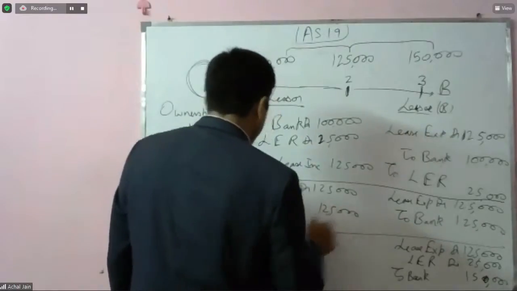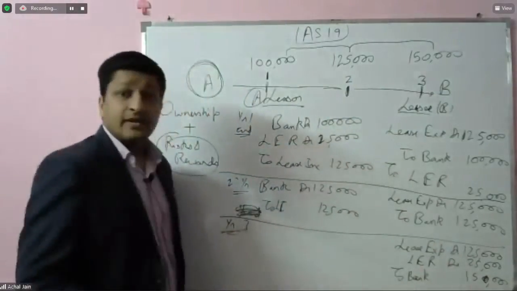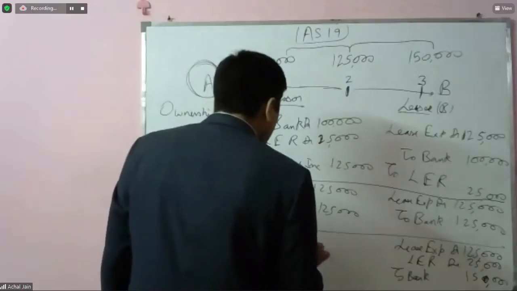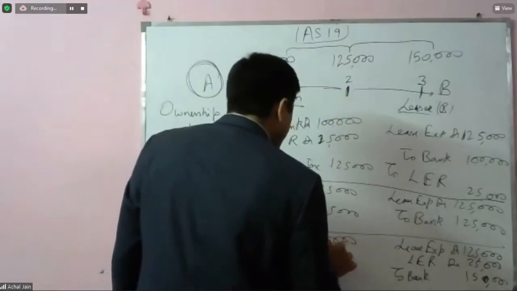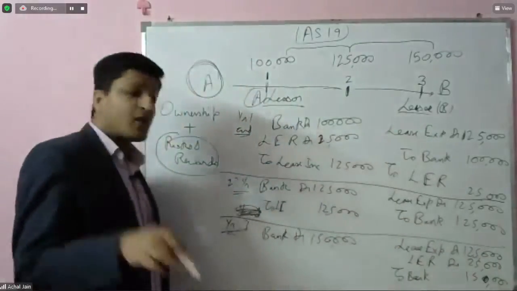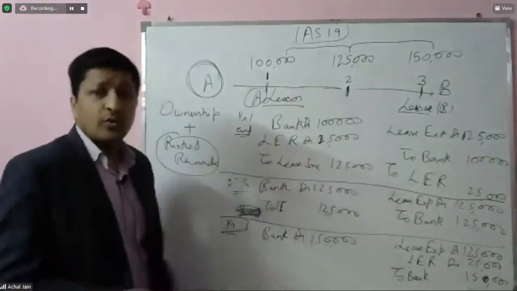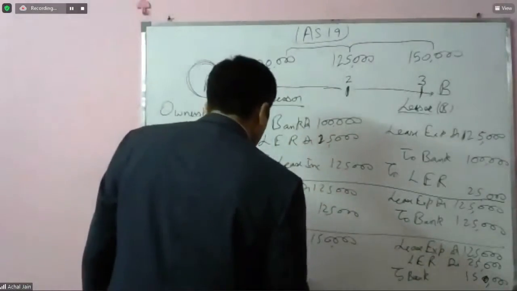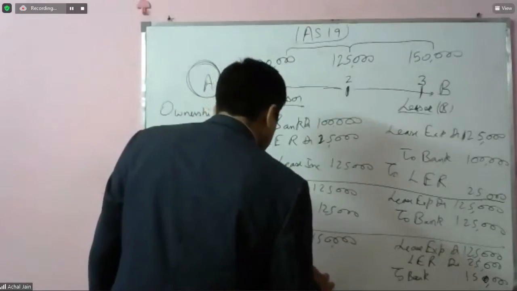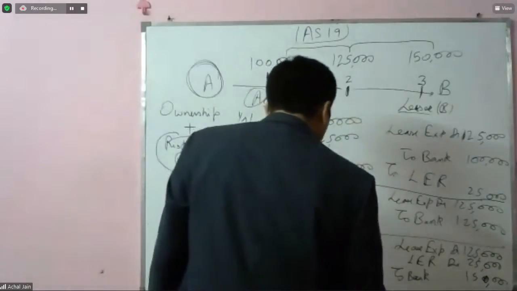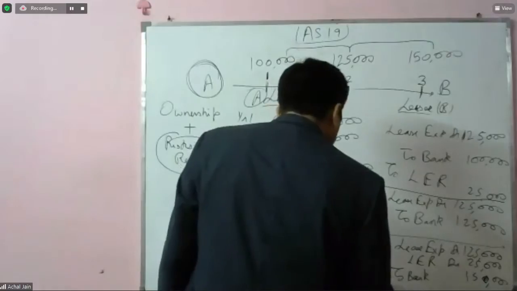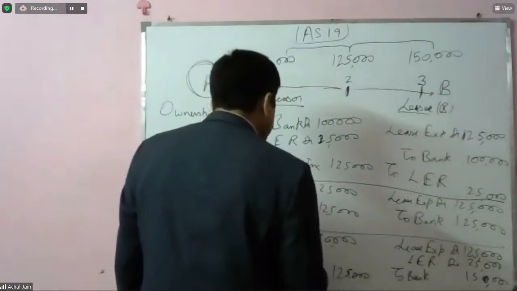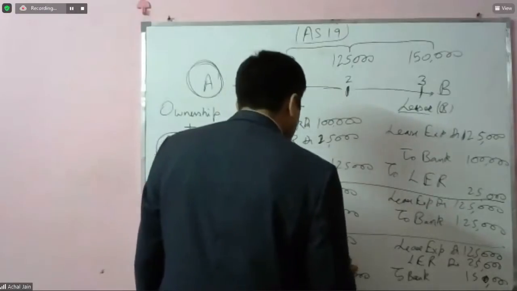Third year, he will receive in bank 1,50,000, but he will be required to record income only to the extent of 1,25,000, to lease income, with 25,000 to lease equalization reserve.